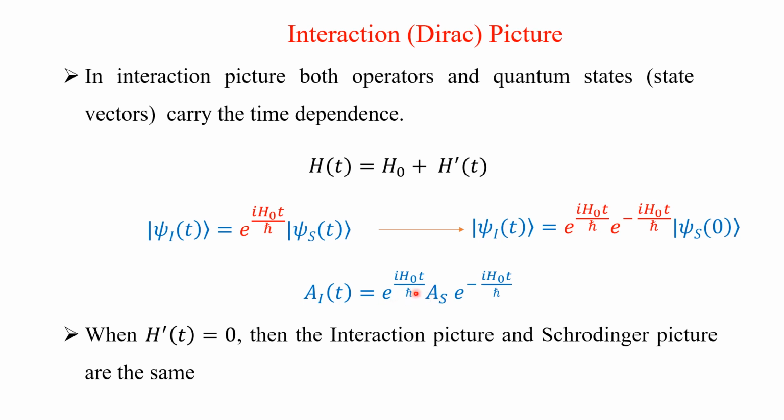So U dagger A U is A I. When H prime is equal to 0, then naturally H naught, which is time independent, the operator is time independent. So the Schrödinger picture and interaction picture are the same.